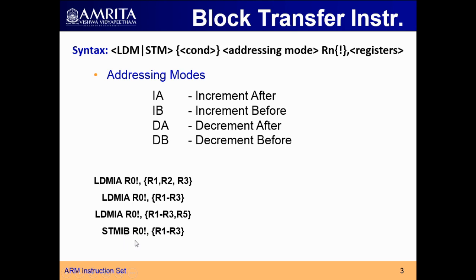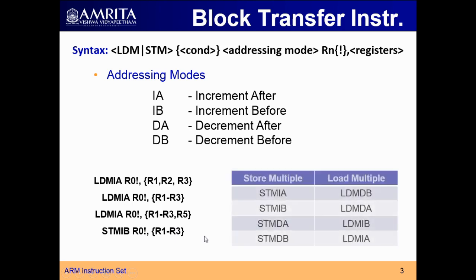Then again the address location pointed by R0 will be incremented, and to that incremented address R2 will be stored. Again incrementing will take place and to that incremented address R3 will be stored. So these are the examples of LDM and STM instructions.